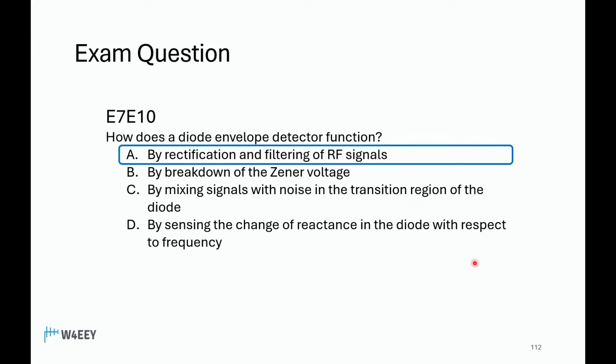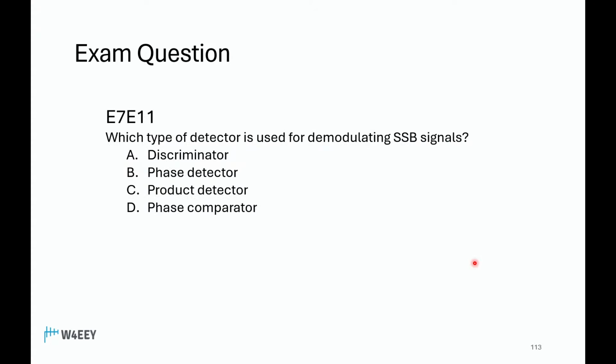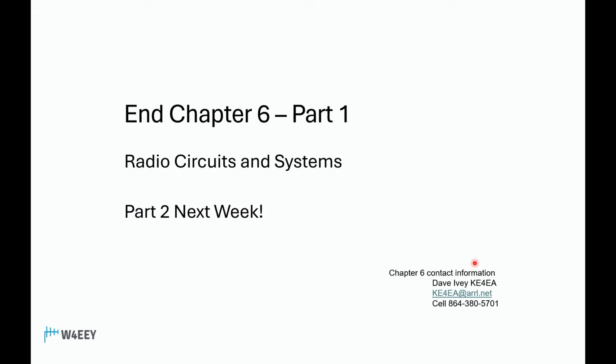Alpha, again, by rectifying and filtering of RF signals. And then what type of detector is used for demodulating single sideband signals? Charlie, the product detector. Yes, we went through that pretty fast. It's just a matter of associating the modulation types and how you detect them.